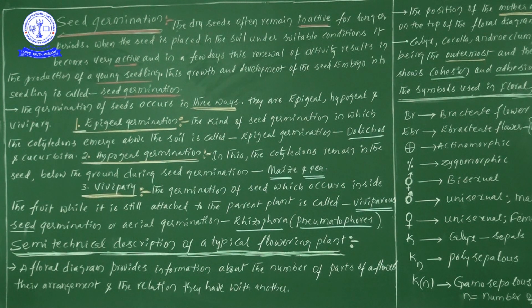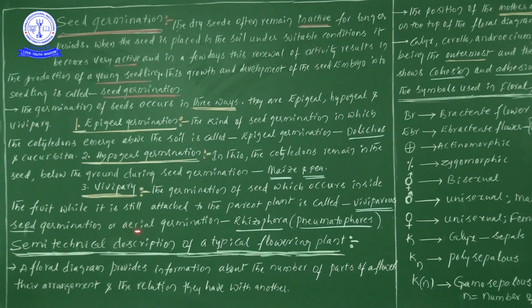This kind of explanation we have seen in root modifications, so let me recollect that information. This viviparous condition we have given other names also: viviparous seed germination or aerial germination.